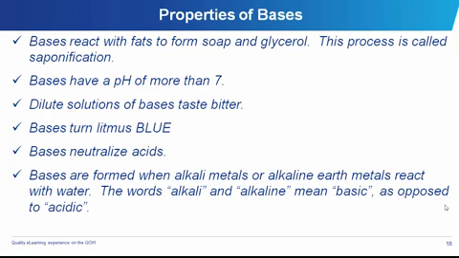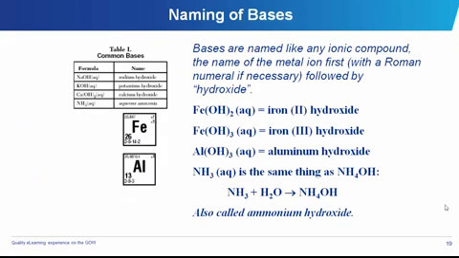Bases turn litmus paper blue, while acids turn litmus red. Bases are also named in a specific manner, depending on the oxidation state of the metal ion used to form the base.